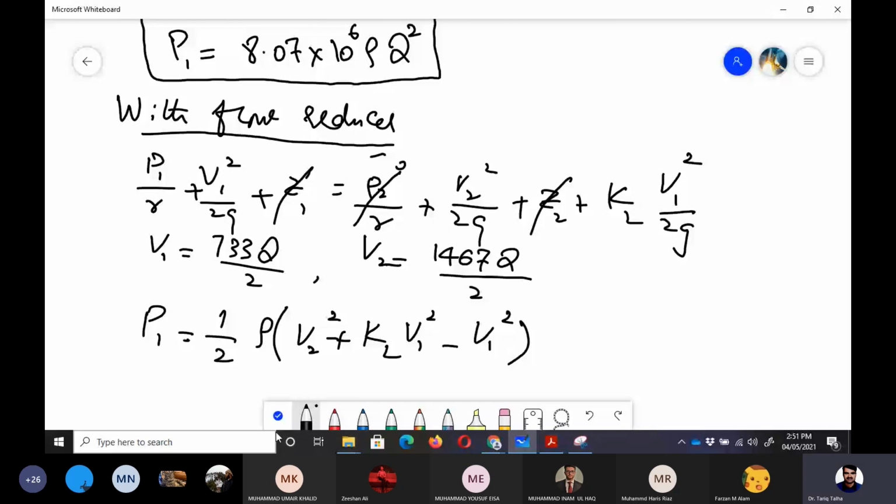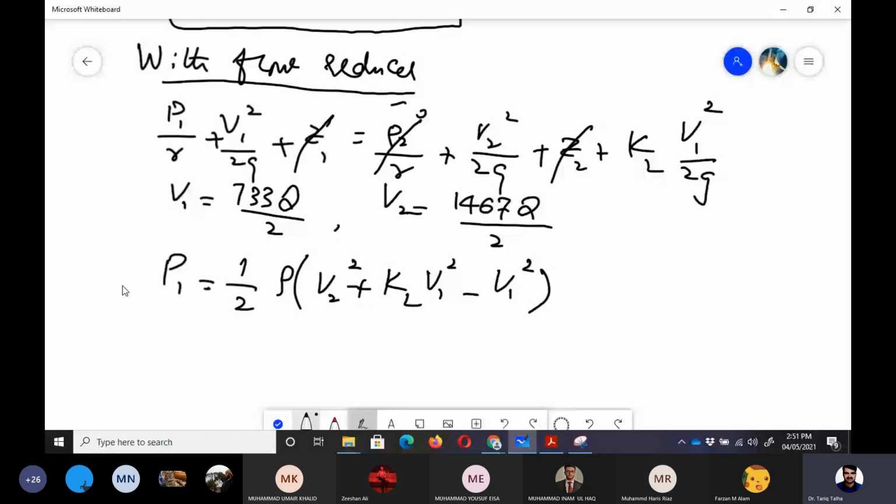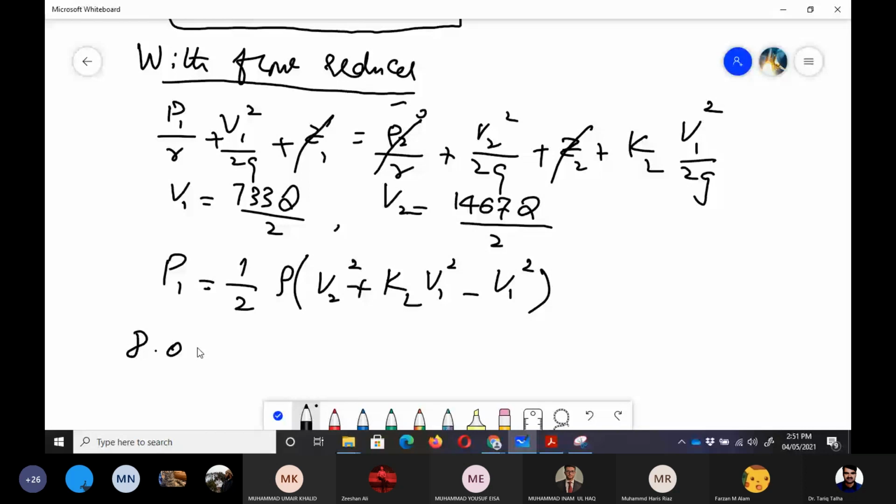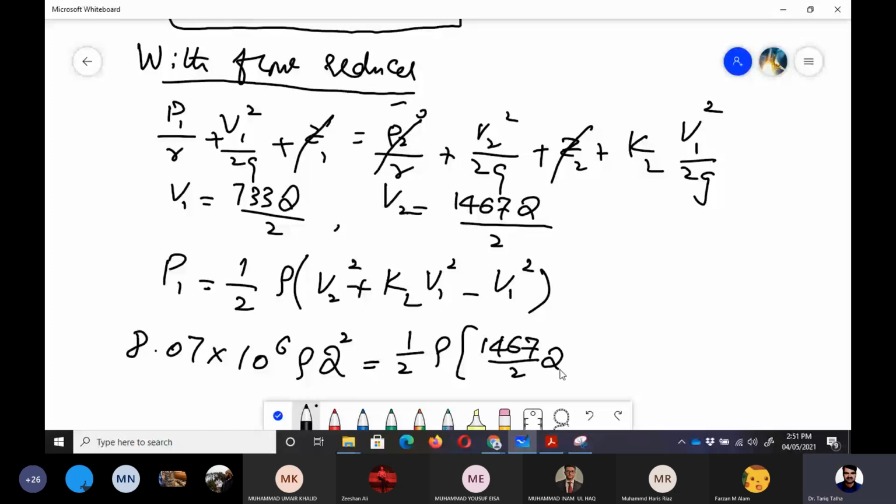So here, because the P1 value is the same in both cases, it would be 8.07 into 10 to the power 6 rho Q square is equal to half rho into (1467 by 2 Q) square plus (KL minus 1) into (733 Q upon 2) square.